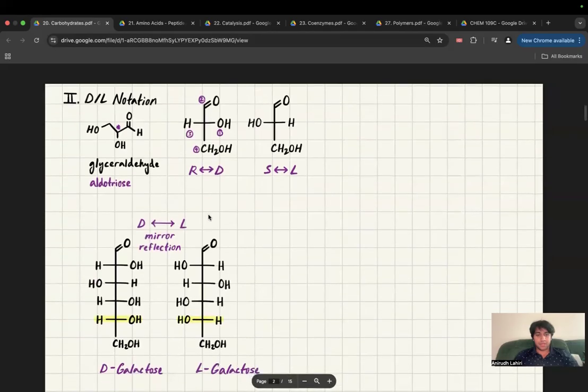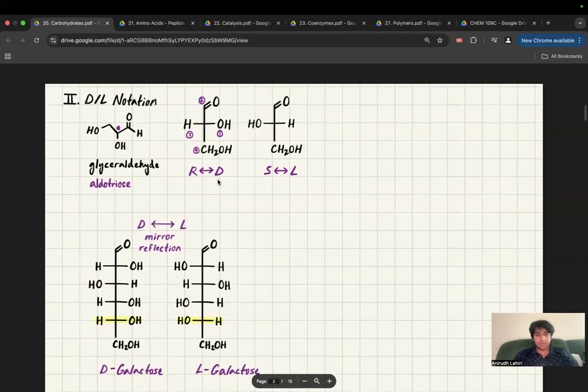Okay. D and L notation. D and L notation are relatively similar to S and R, but not precisely the same. It's almost the same for all of them except for one sulfur-containing amino acid, and we might talk about why that is later.